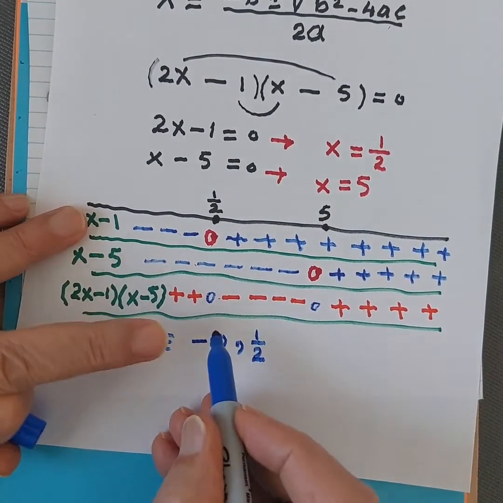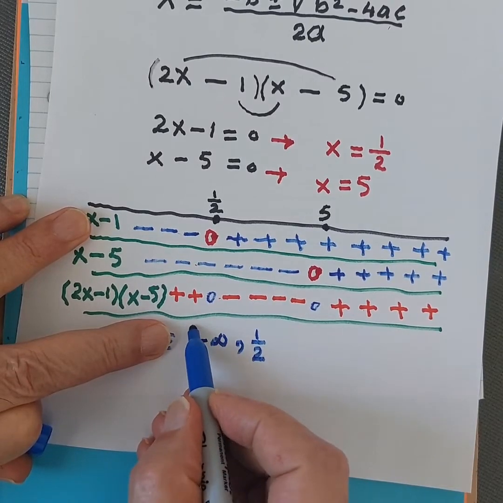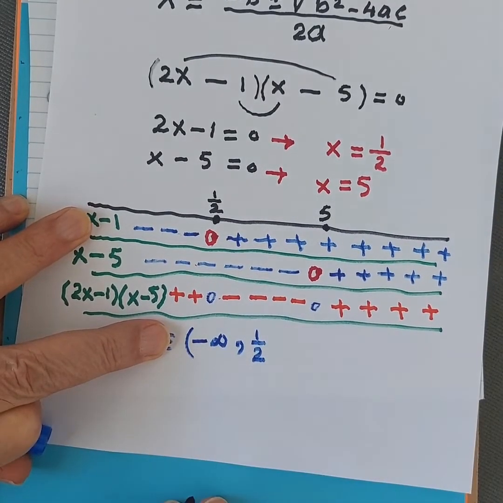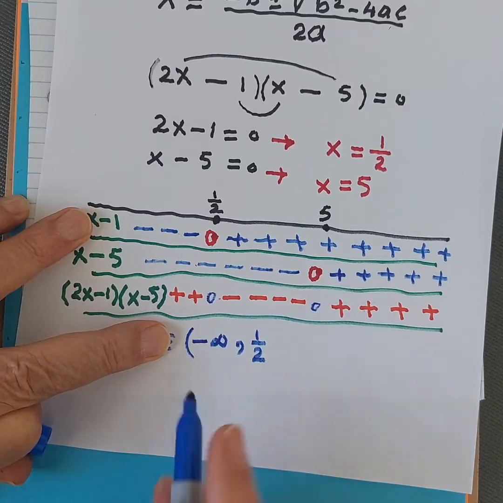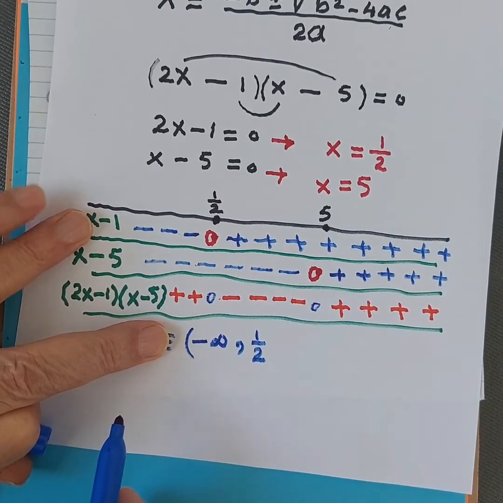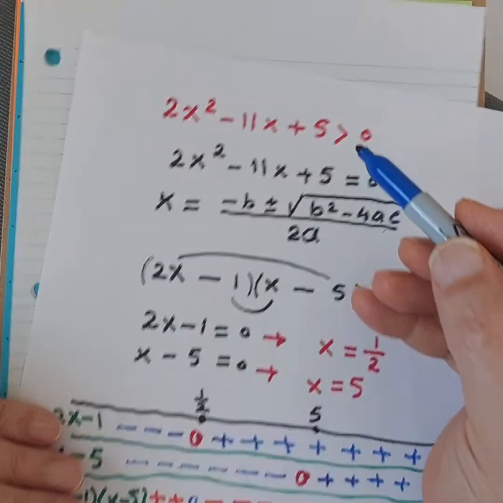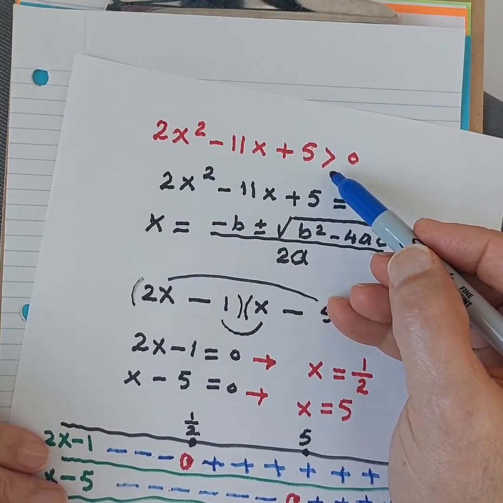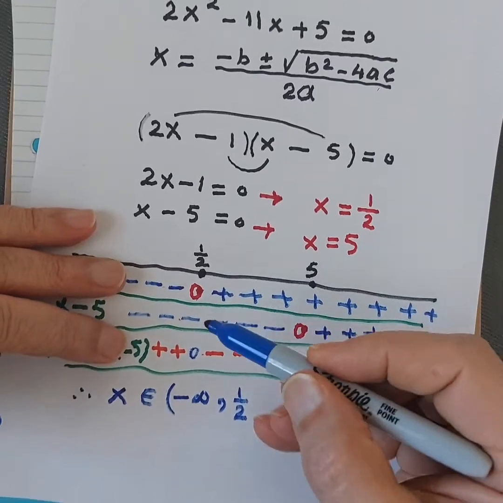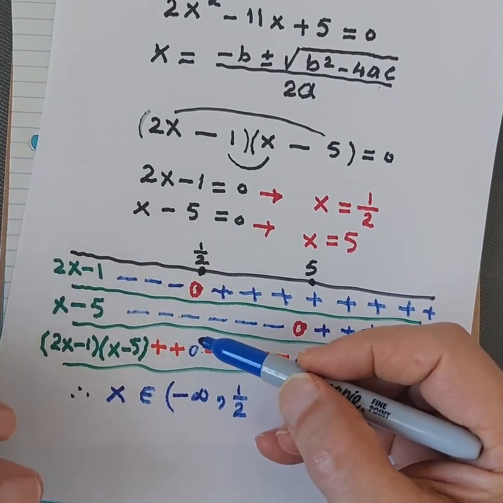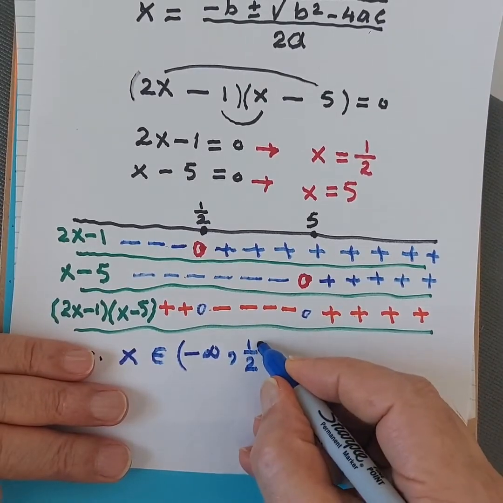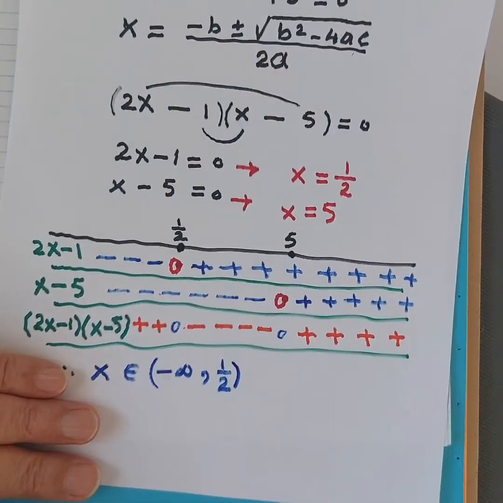Always at infinity, it is open. We make this to represent it's open. And also at half, it will be open because there is no equal here. That means 1/2 is not included in the solution. So we make it open also here.